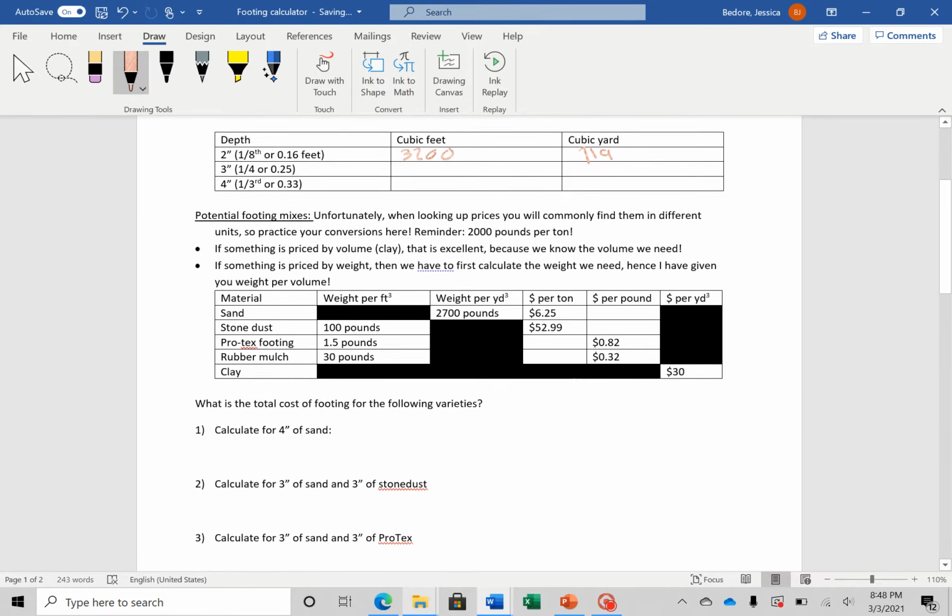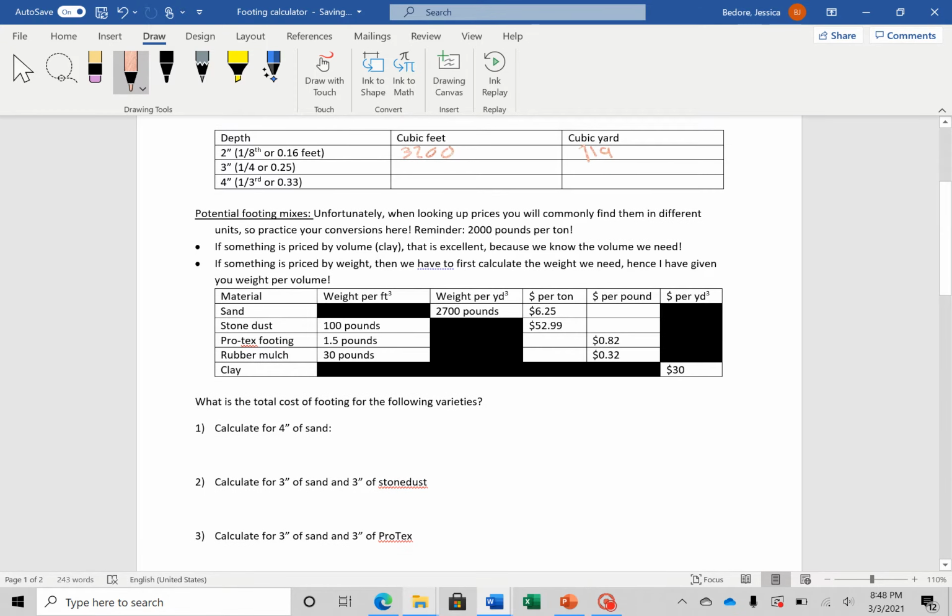Okay. So when I was putting footing into an arena, I realized that people will sell it by volume or ton, but then they will price it in a different unit. So for instance, they'll tell you, I can send you a truckload, and the truck has 10 cubic yards in it, and the price is $6.25 per ton.